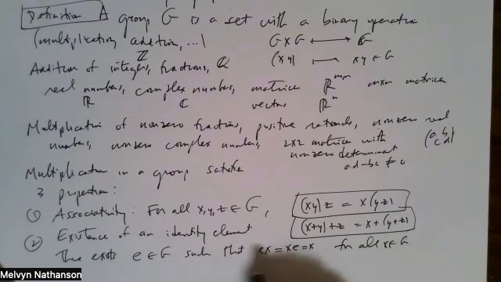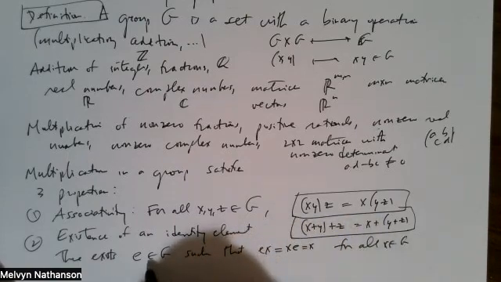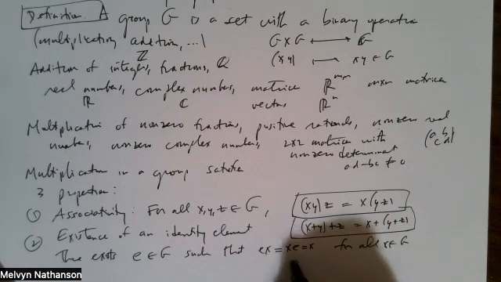So that is, this identity element has the property that if you multiply any element x in the group by the identity on the left or on the right, you recover the original element. It doesn't change the element.